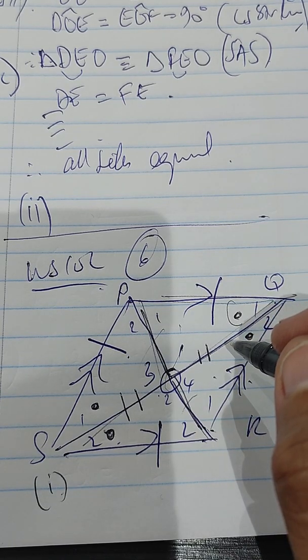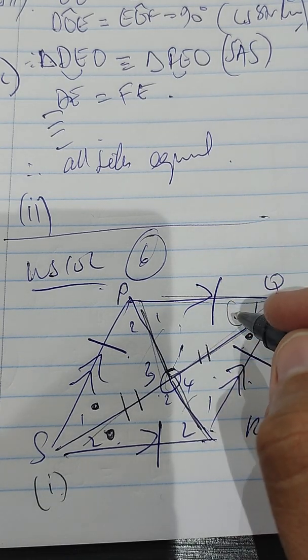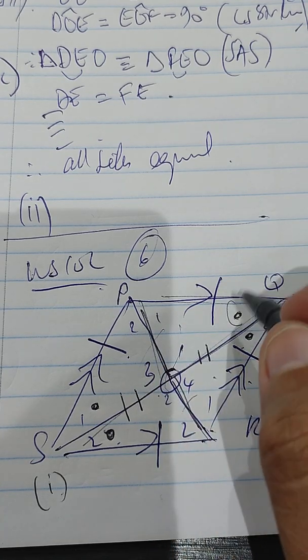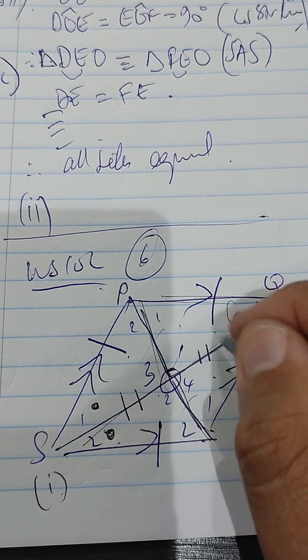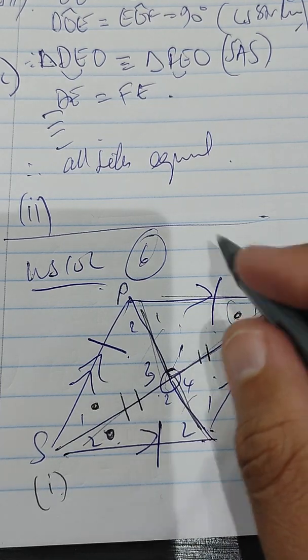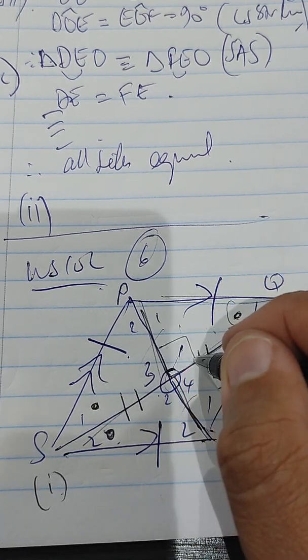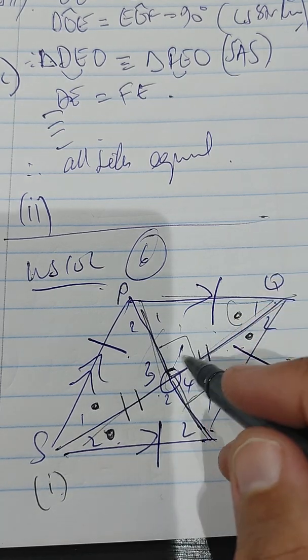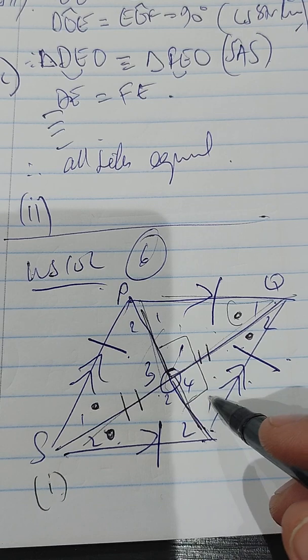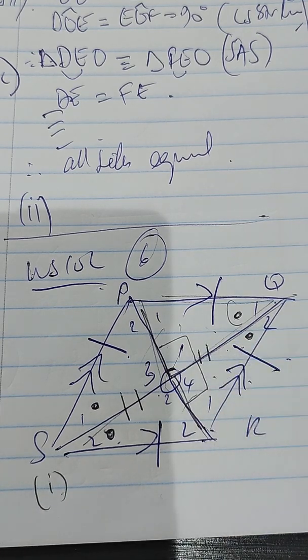Then diagonals bisect at right angles. If those angles are all equal, since it's similar, not similar, but congruent triangles, O1 is equal to O4. Why? The two triangles are congruent. So if the angles are the same and the two angles are on the straight line, they have to be 90 degrees each. Okay.